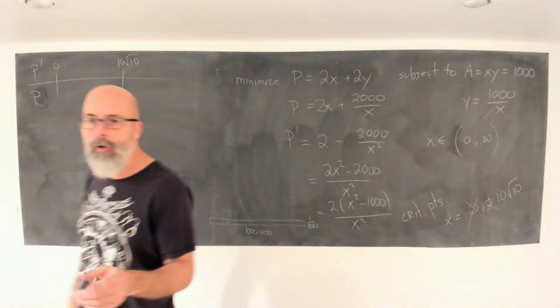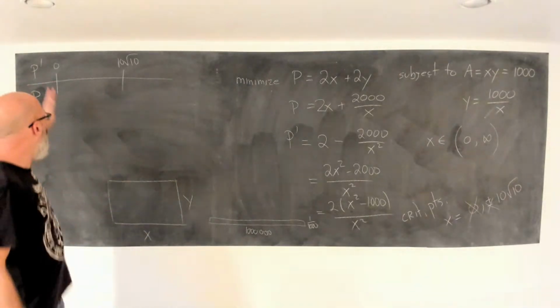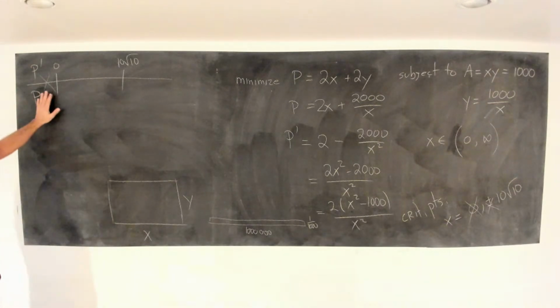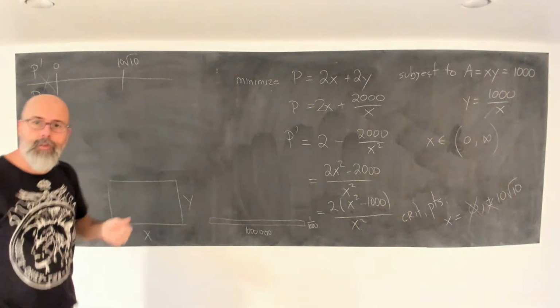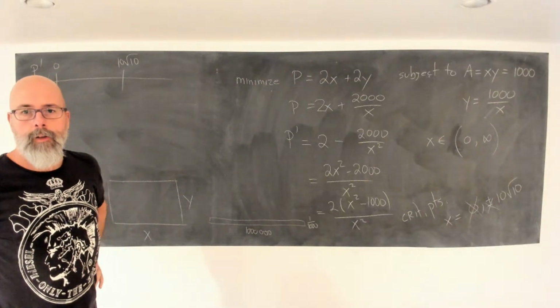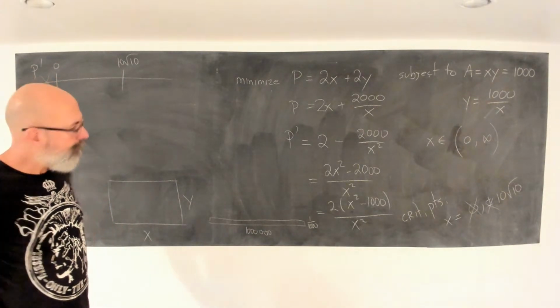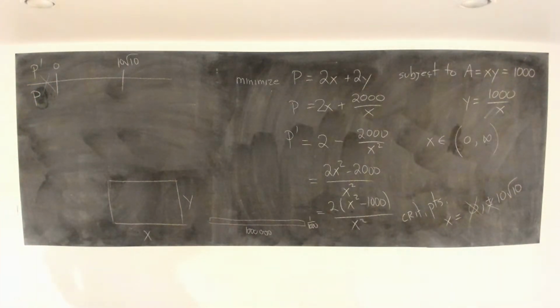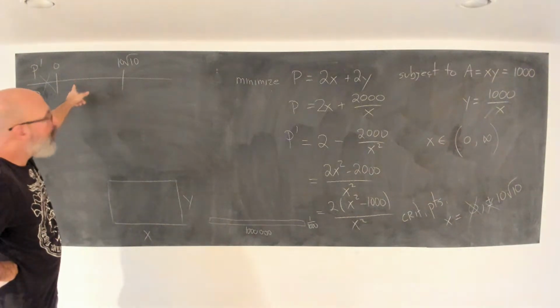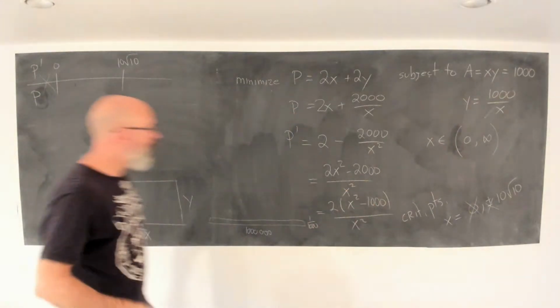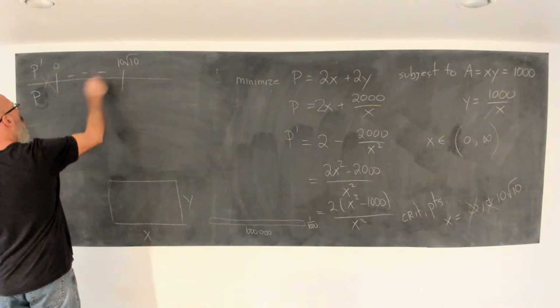Why do we include 0 in the derivative chart? Because I don't want to take anything less than 0. Your domain here, this stuff doesn't belong there. So what's going on? If you take a value very small, like 1, the whole thing is negative.